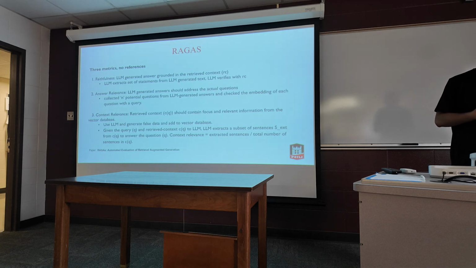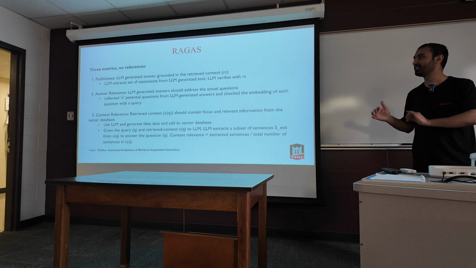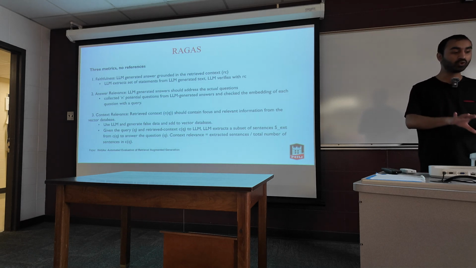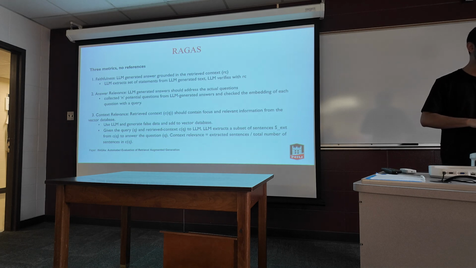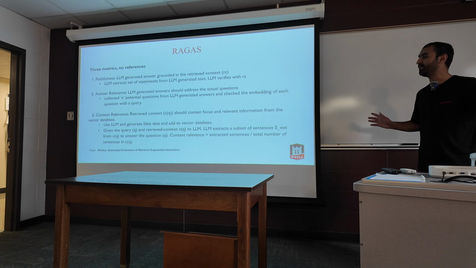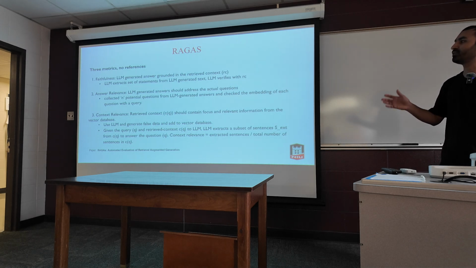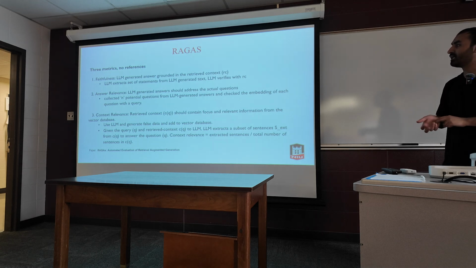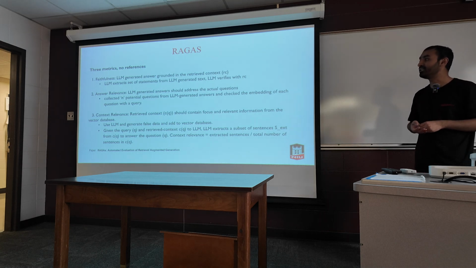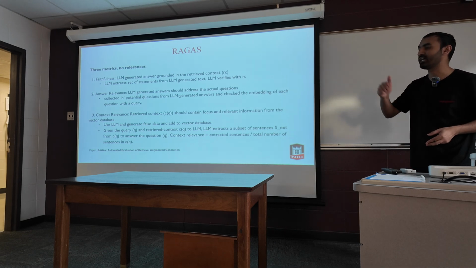The third one is context relevance. The retrieved context, which comes from the vector database, should contain focused and relevant information. This is a very important thing. Suppose I have a very big database, like a Wikipedia database. I am collecting some information from Wikipedia, but I am not sure whether retrieval collects relevant information or not. Maybe retrieval collects some garbage information.